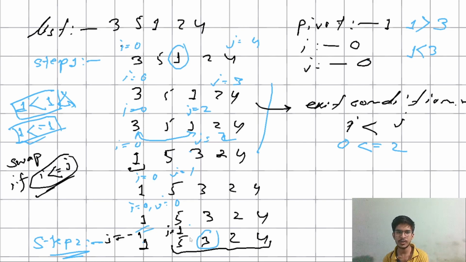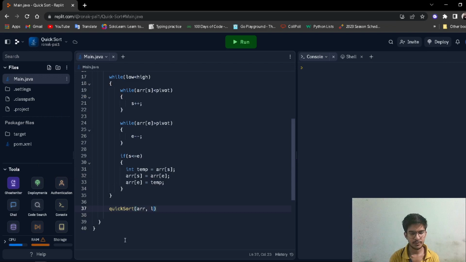From low to j, actually, we have to go: first of all from low to e, and then quick sort the array from s to high. Okay, that's the thing.